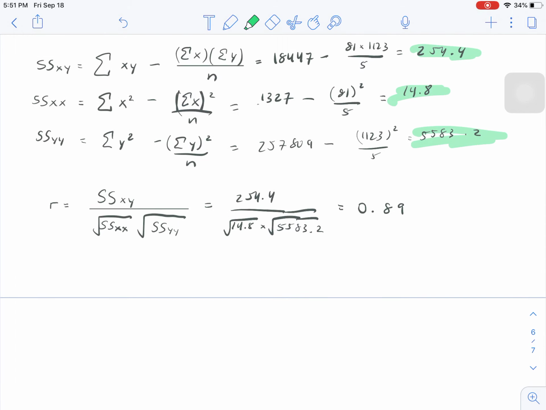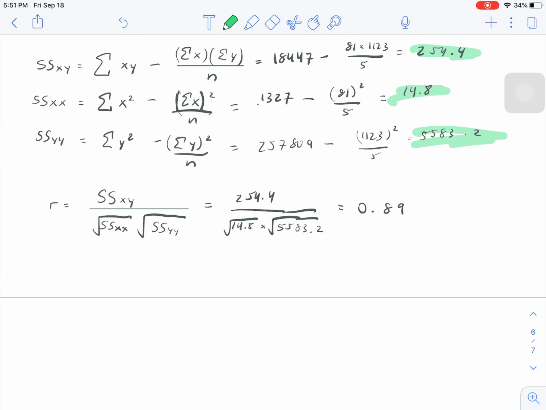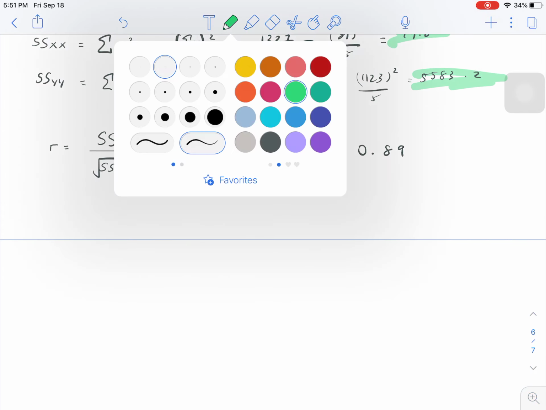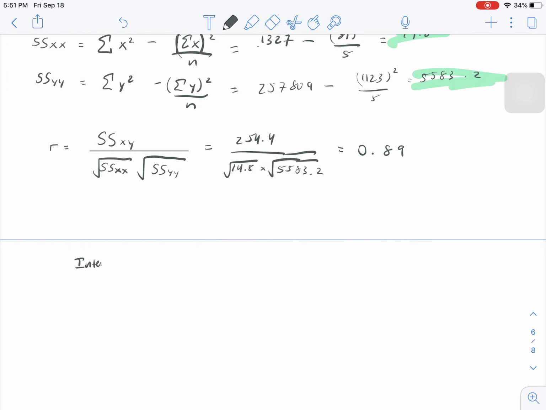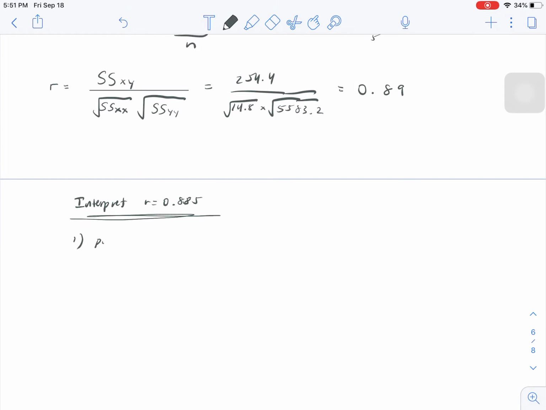All right, so now we've finished our computation. All that's left is to interpret our correlation coefficient. And when we ask you to interpret the correlation coefficient, we're asking you to address 3 things. 1, is the correlation between x and y positive or negative?